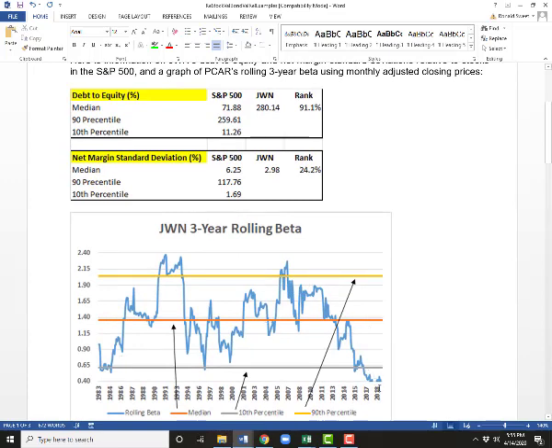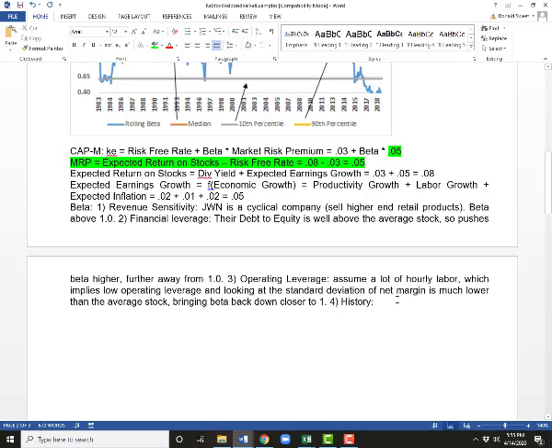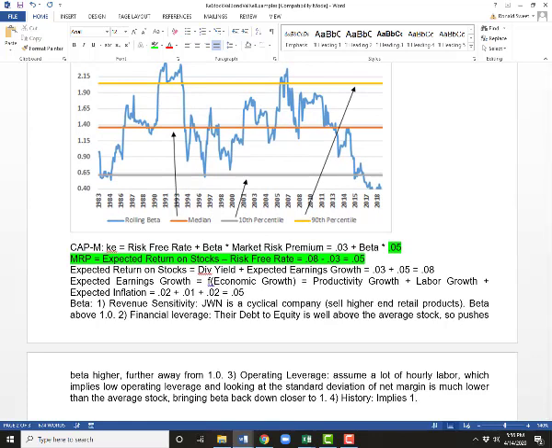You notice their recent history has been well below 1. Part of that's because of what's going on right now in markets where technology and energy are really dominating. I think the 1.4 seems reasonable to me. It implies 1.4, the median.